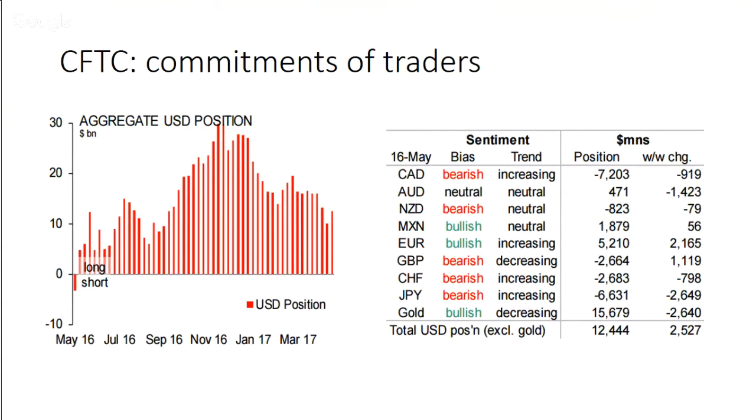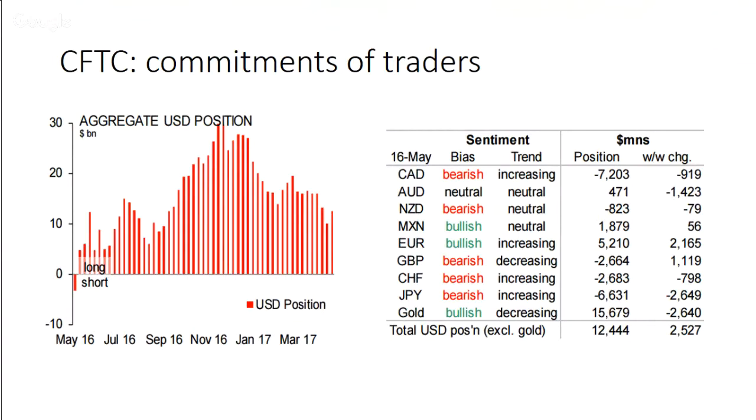There are some interesting changes in comparison with what we saw a week ago. Firstly, let's talk about the aggregate US dollar position. All in all, we have a bullish, or net long, US dollar position.